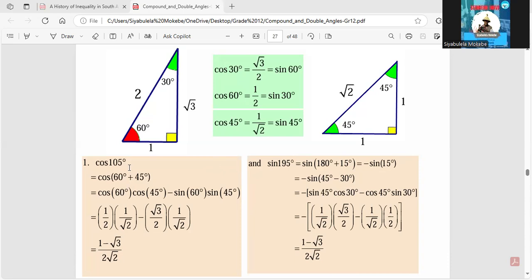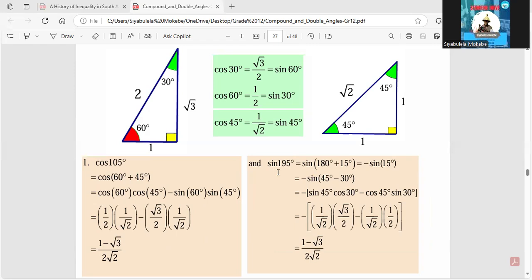You could have also done this using cos (90 plus 15). Cos (90 plus 15) will then give you negative sine 15. And then negative sine 15 will give you the same thing.